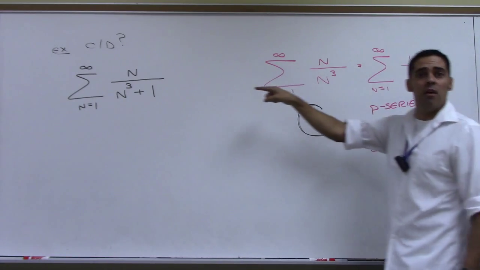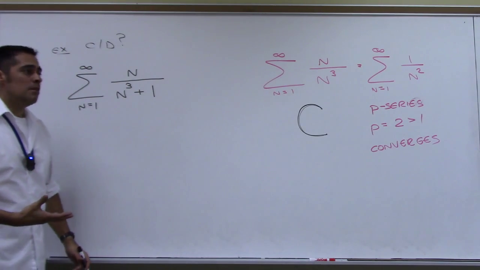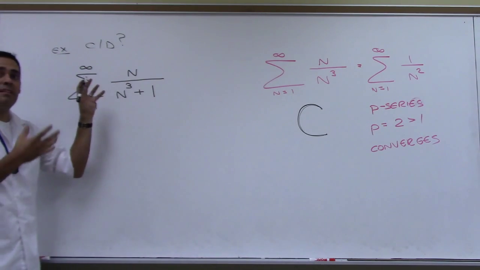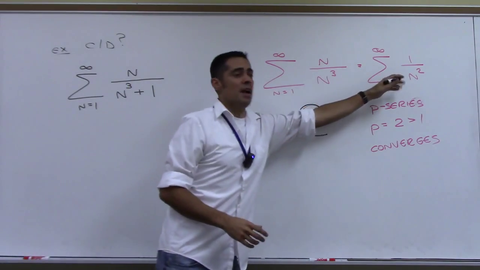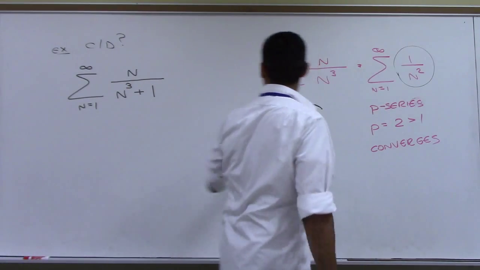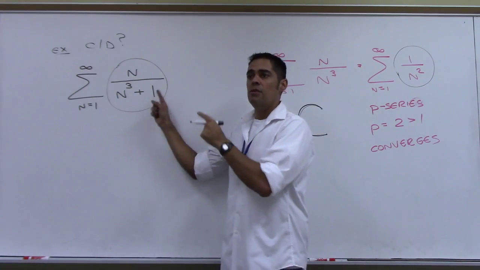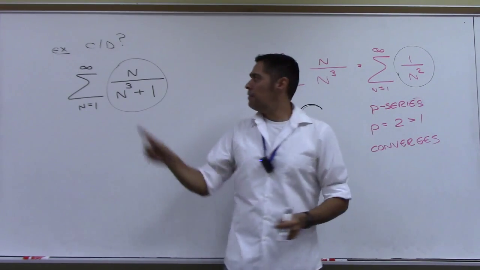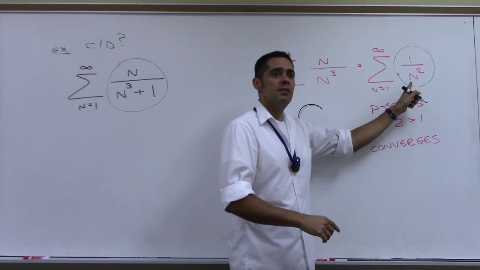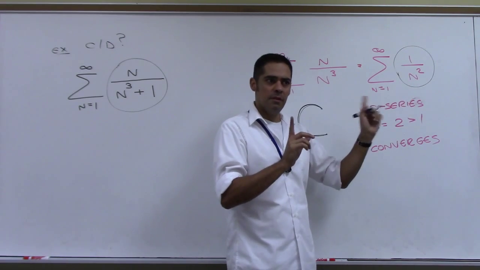I'd like for this one to also be finite, which means that all of these guys would need to be what? Bigger or smaller than all of these guys? All of these have to be what? Smaller than all of these in order for them to both be finite. If these are bigger than these, then I can't tell you what happens. You all see the difference?